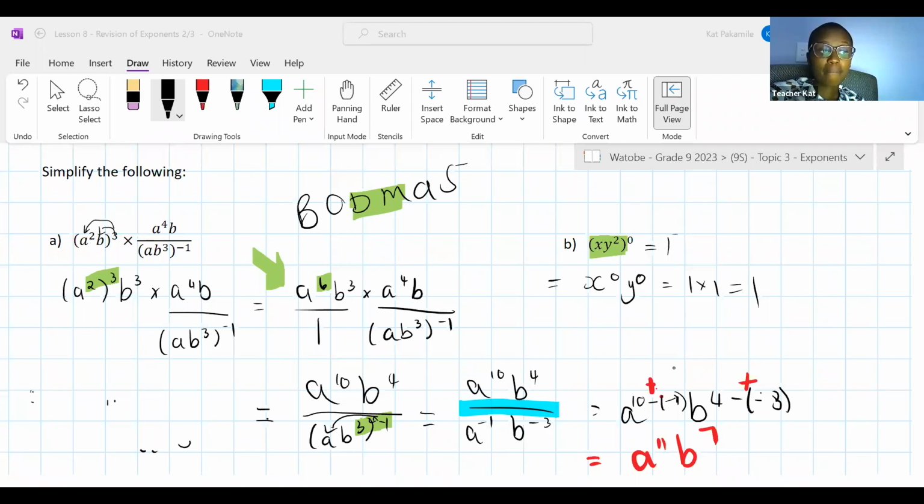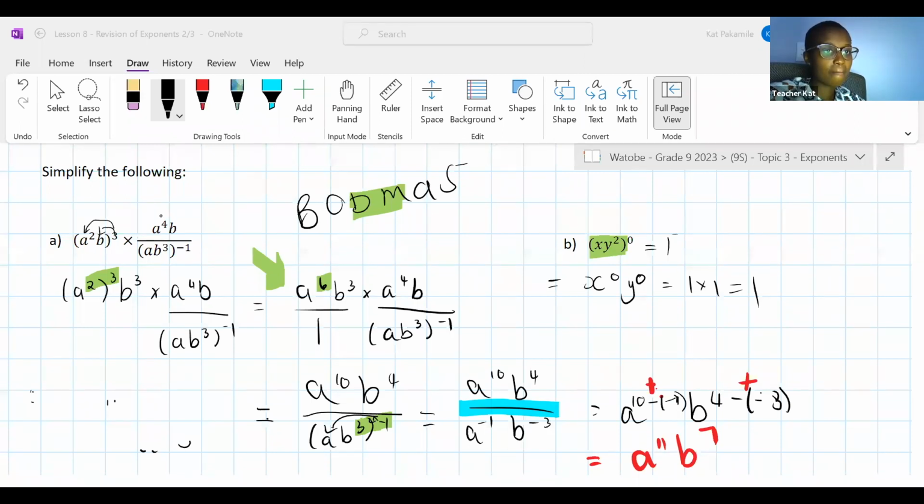Not really, ma'am. Let me explain, ma'am. So it was A2 and B in the brackets, and then there was the C over there. So first I distributed the 3 to both of them. So it was A6 and B9. And then I worked on the other fraction on the other side.